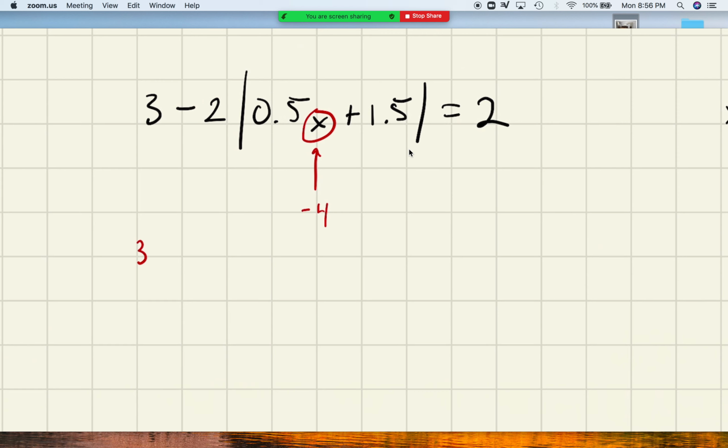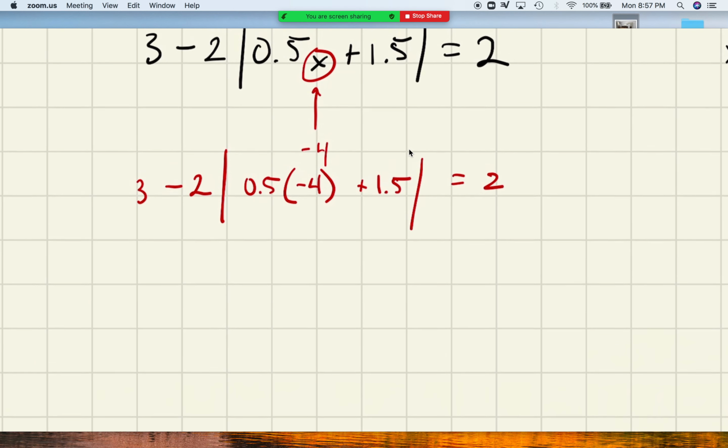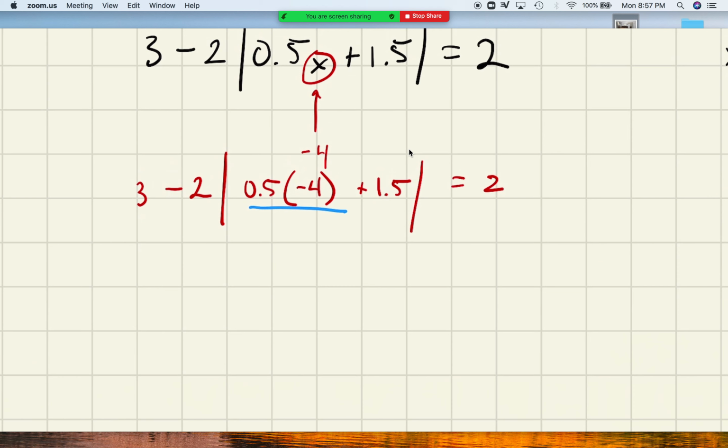So this stays, and I have 0.5 times negative 4, and then plus 1.5, and the absolute value equals 2. The first thing that I do is this part. So we multiply that, and we get negative 2. The rest of the stuff stays there. And then I have plus 1.5.